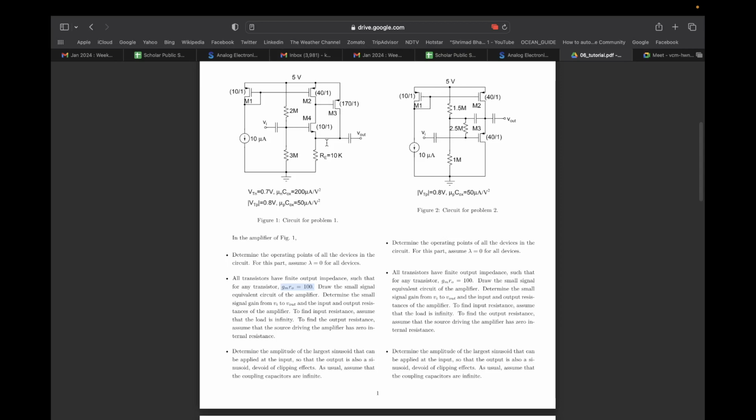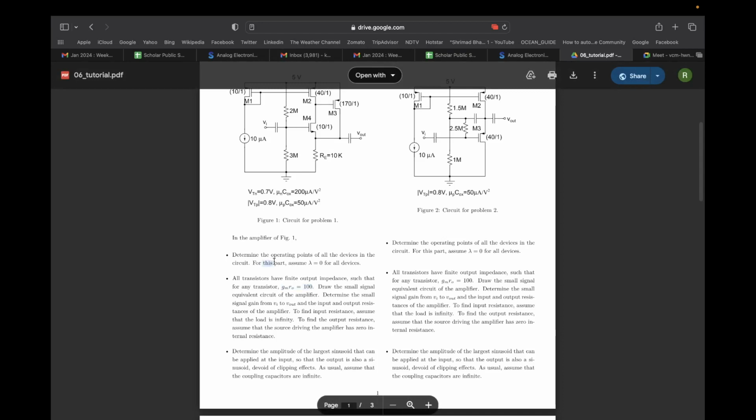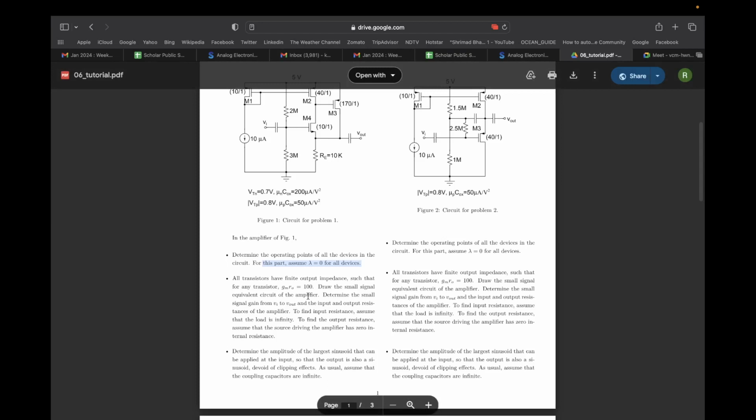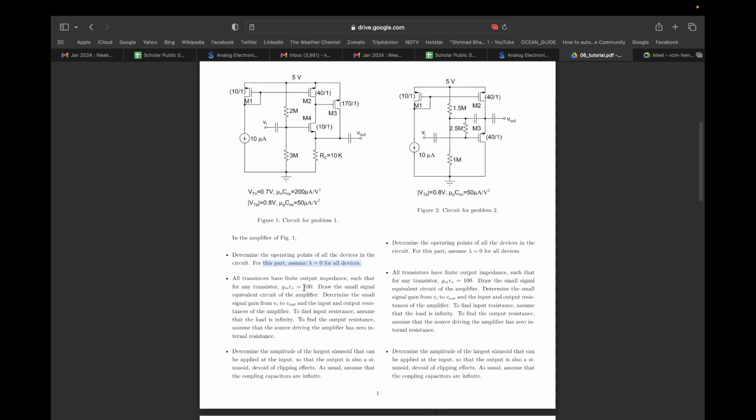I thought about getting the gain by calculating channel length modulation, or lambda is zero. How can we proceed? No, lambda is zero has to be assumed for the first part only. For the latter parts, instead of giving you the lambda and asking you to calculate the output resistance, it's just said that lambda is such that GM into RO comes out to be 100.